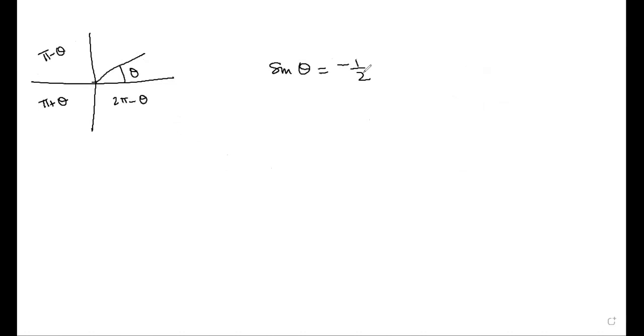Sine theta is negative in which two quadrants? Third and fourth, right? All silver tea cup. So I will write sine pi plus theta is equal to sine 2 pi minus theta equal to minus sine theta. Then I'll put theta's value.